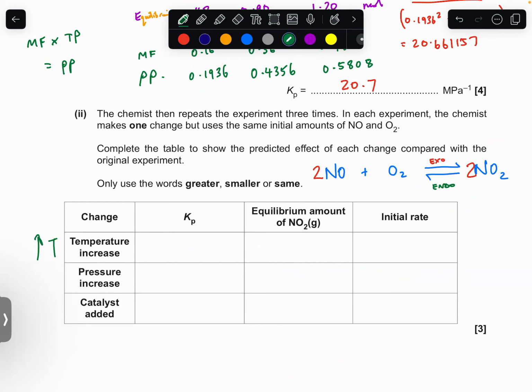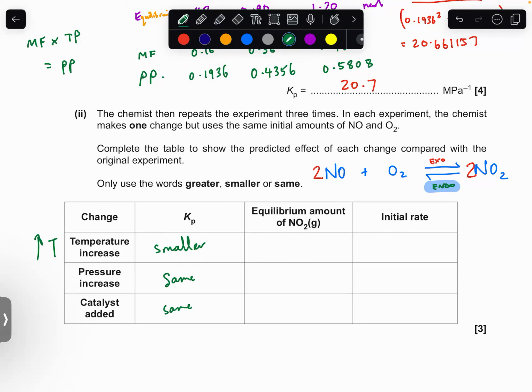The only way it can do that is by going in the reverse direction, because the reverse reaction is endothermic. So actually Kp at a higher temperature will be smaller. Kp is not affected by anything else, only by temperature. So we just say same for pressure change, same for catalyst.